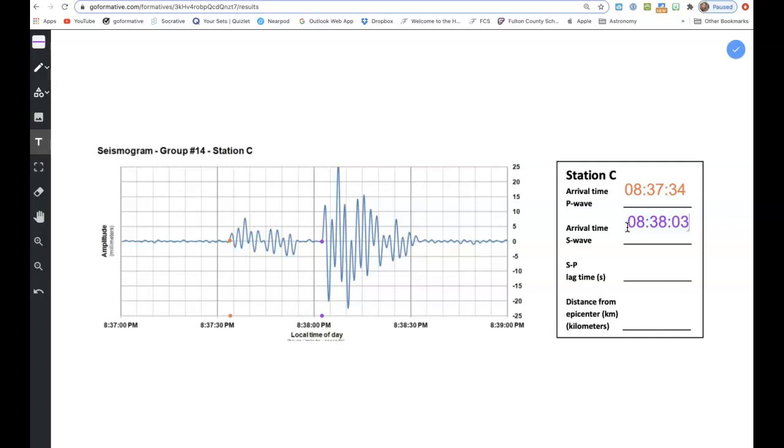Okay, so determining the lag time here throws a couple people off because we're used to doing subtraction in terms of tens and hundreds. So you have to remember that this time is in seconds, so it's 60 seconds. The first thing I would do is determine how much time went from 37 minutes, 34 seconds to make it 38 seconds.